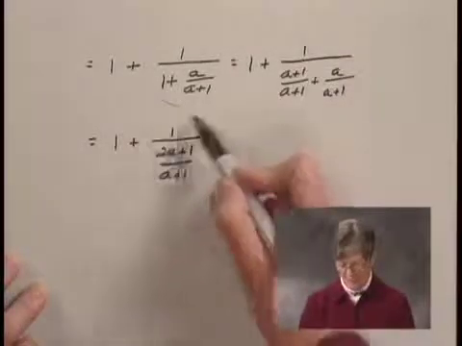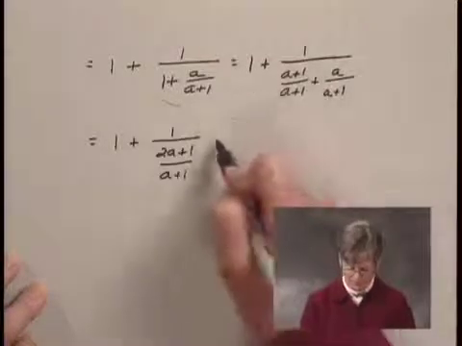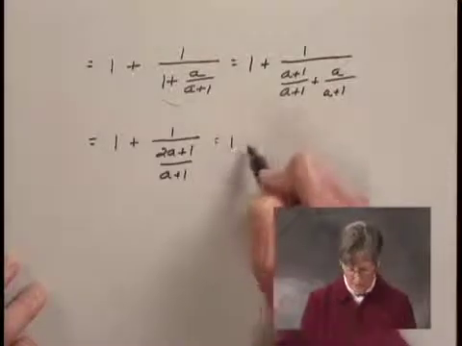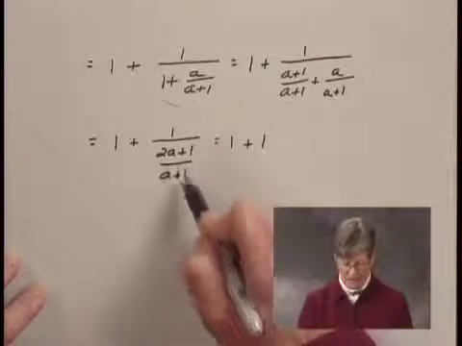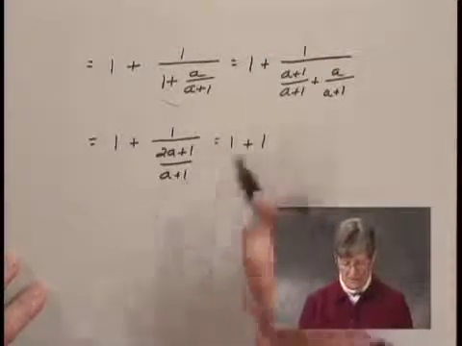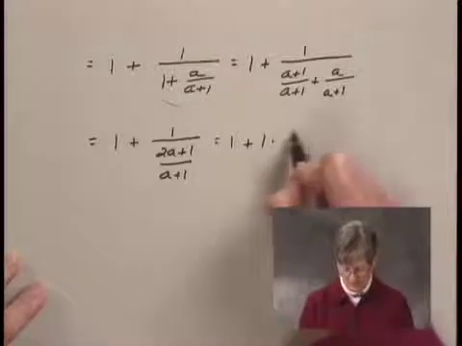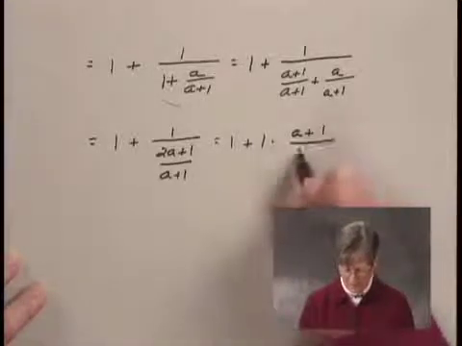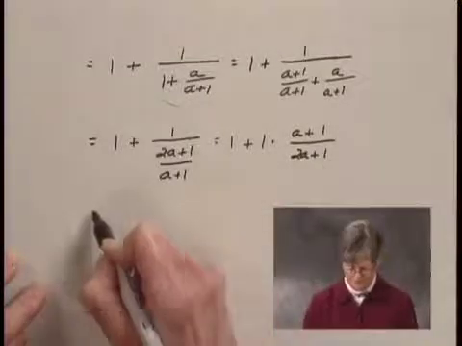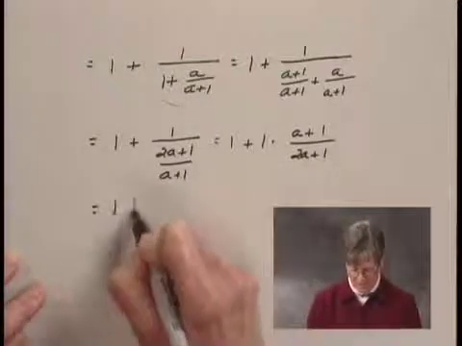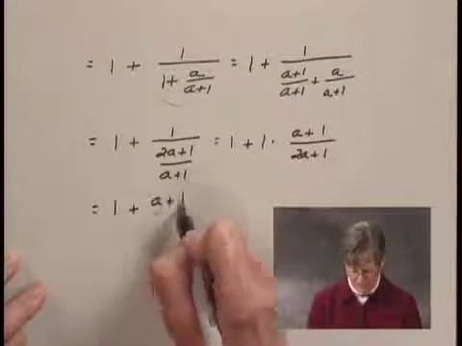Now I'm going to simplify this complex rational expression by writing it as a multiplication. 1 divided by 2a plus 1 over a plus 1 is equivalent to 1 times a plus 1 over 2a plus 1.